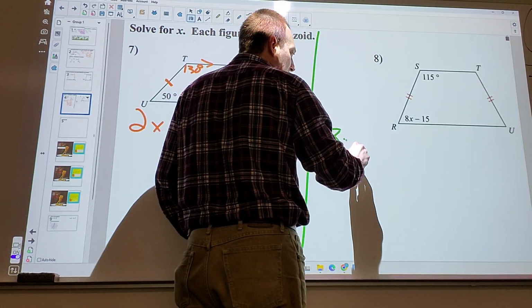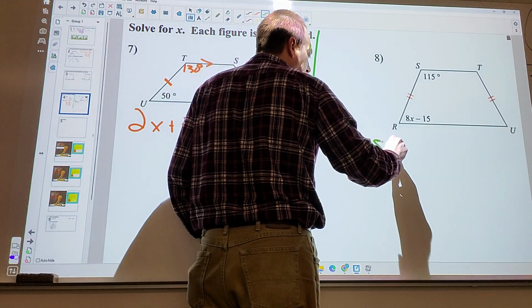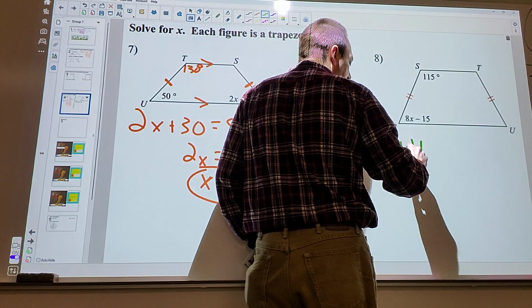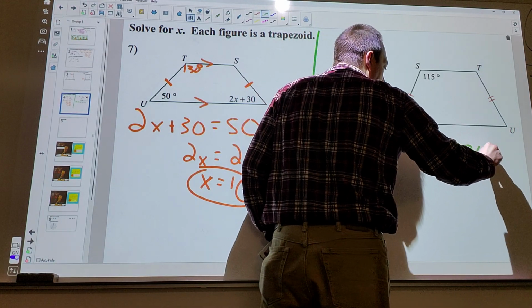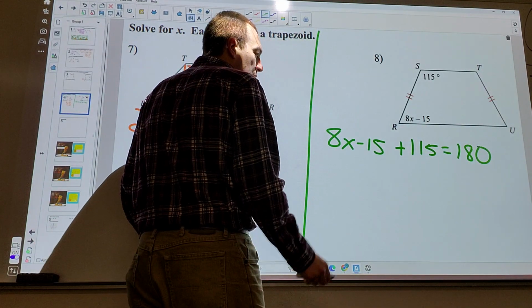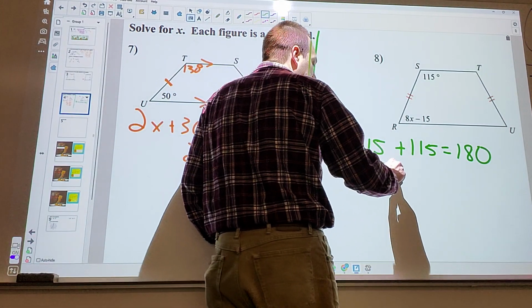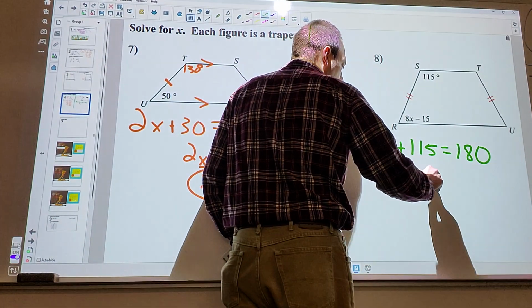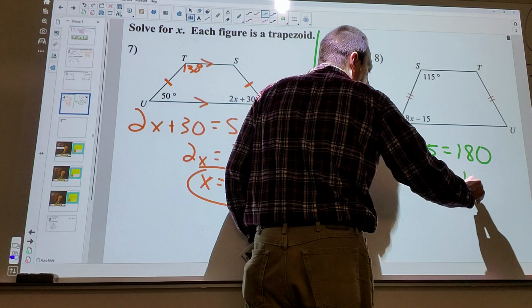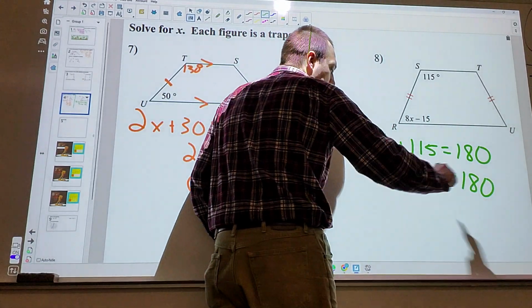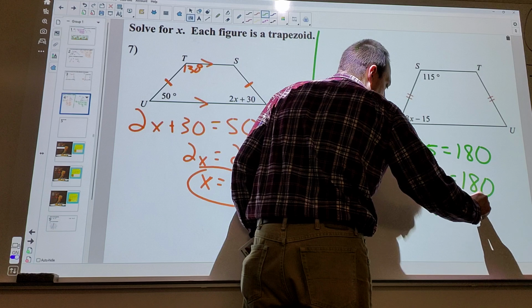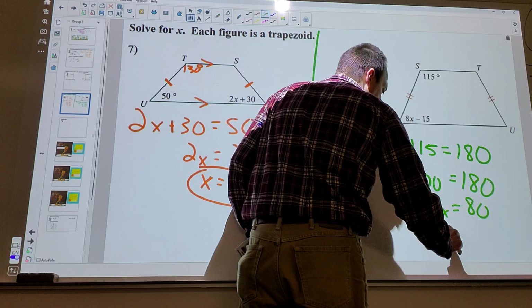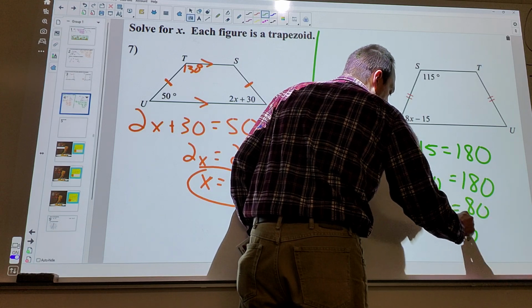So 8x minus 15 plus 115 equals 180 degrees. Combine like terms, that should be 8x plus 100 equals 180. Subtract 100. Divide by 8, and x equals 10.